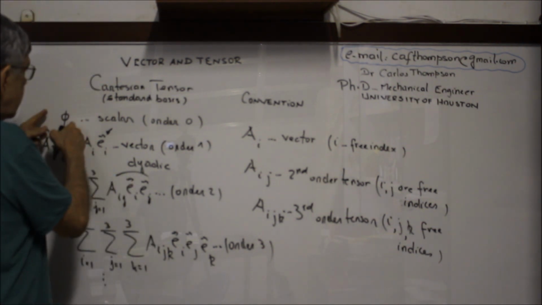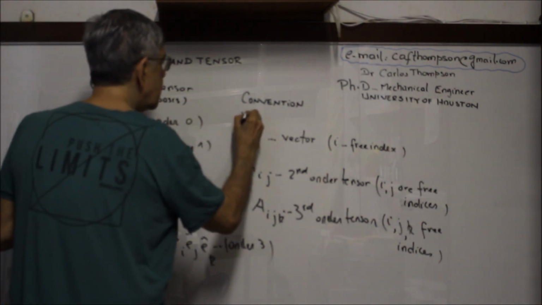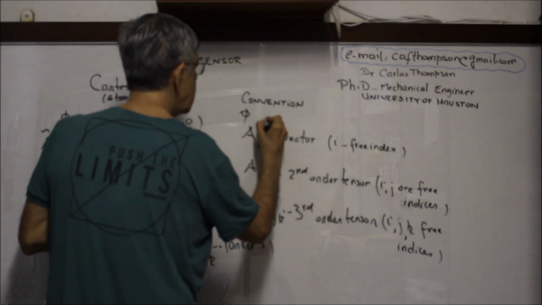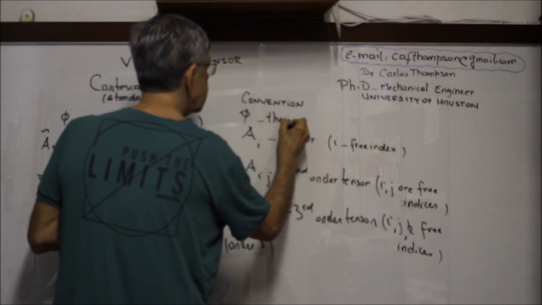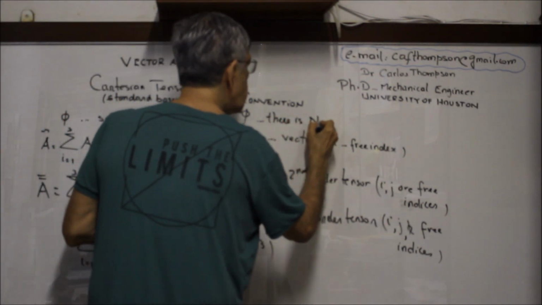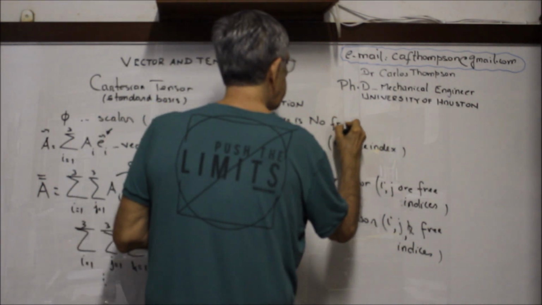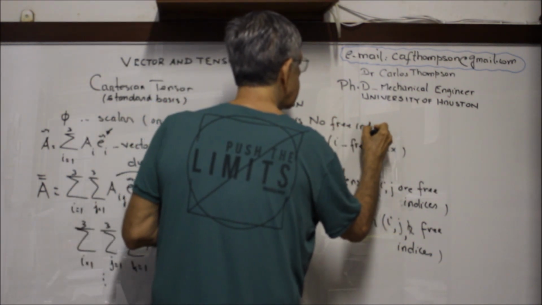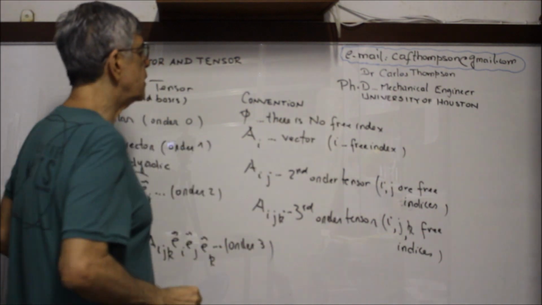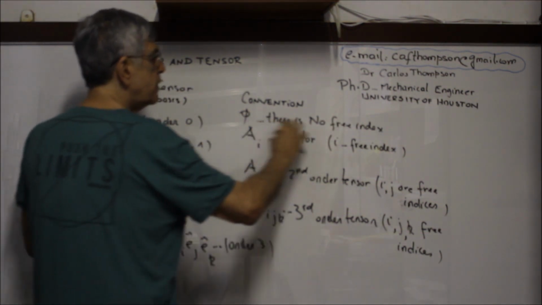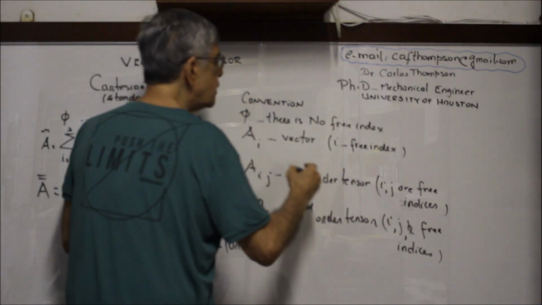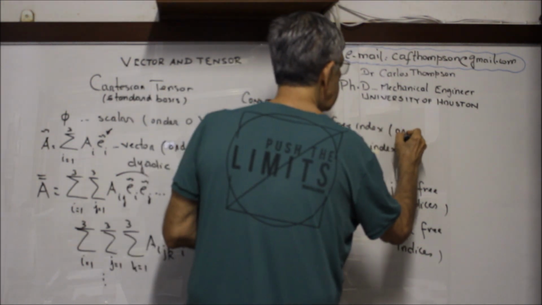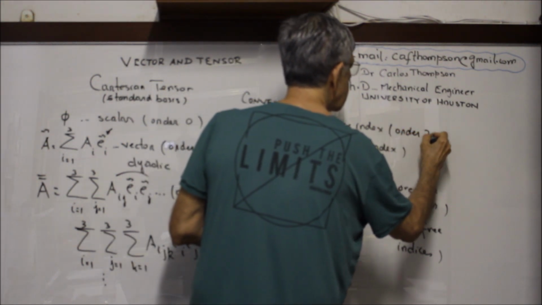Now, you see a scalar, there is no free index. This is a scalar. A scalar has no free index, so this is order 0.